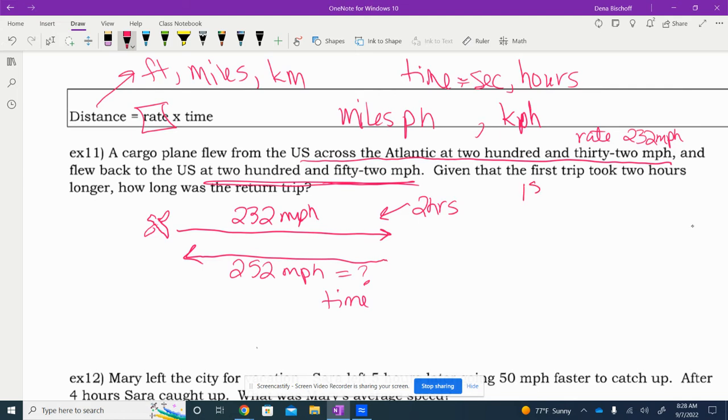So let's talk about the first trip. I know that the total distance that I traveled on my first trip equals my rate multiplied by my time. So can I figure out this distance right here if I know that my rate is 232 and my time is 2 hours? Yes or no?